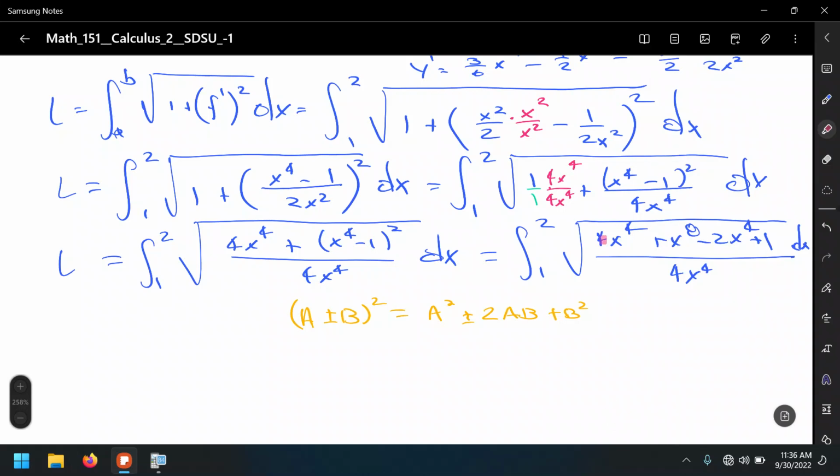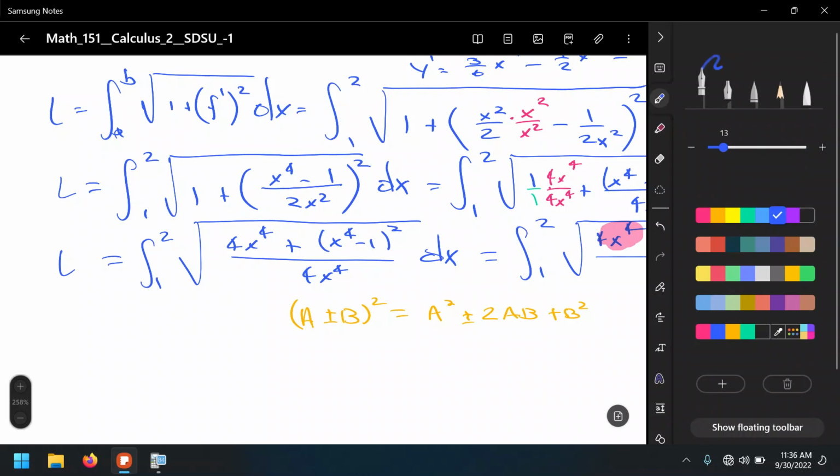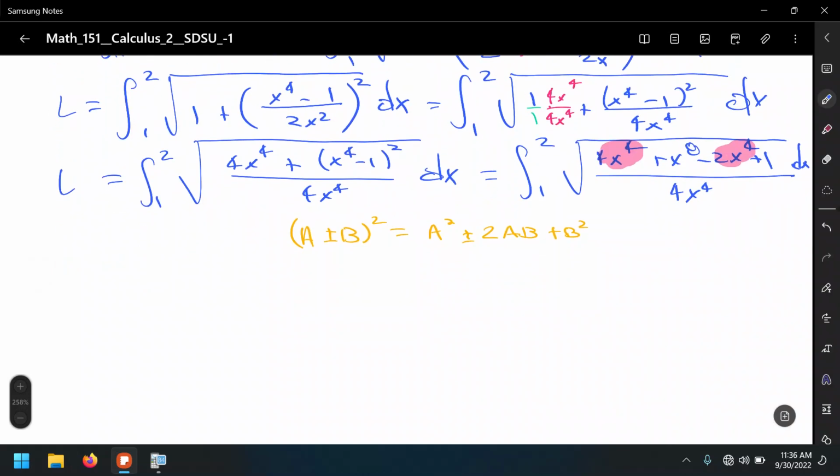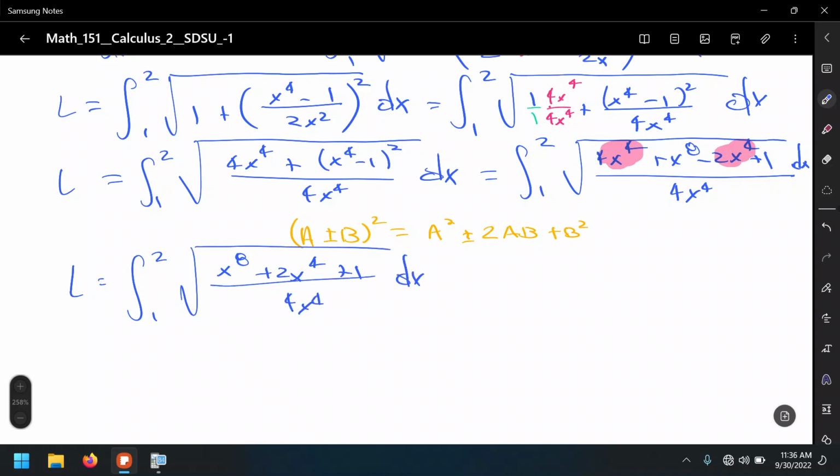We have this 4x to the 4th and minus 2x to the 4th, and that's going to give us 2x to the 4th. So the square root of, let me write this in descending order of powers, x to the 8th plus 2x to the 4th plus 1, divided by 4x to the 4th, with respect to x.